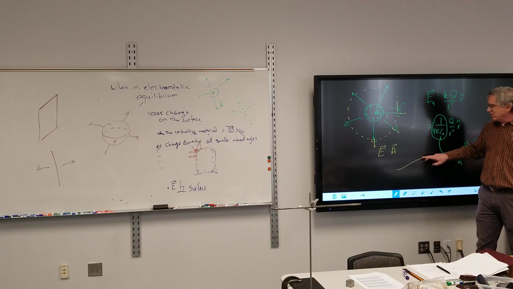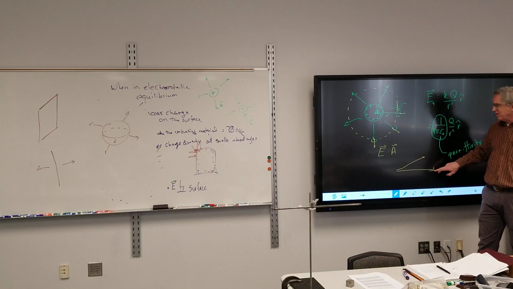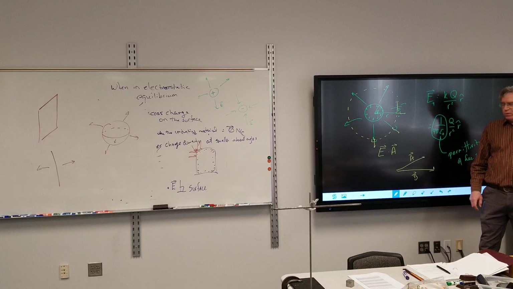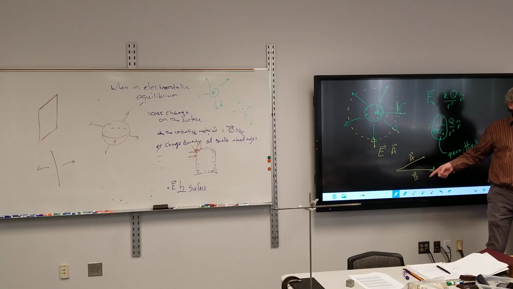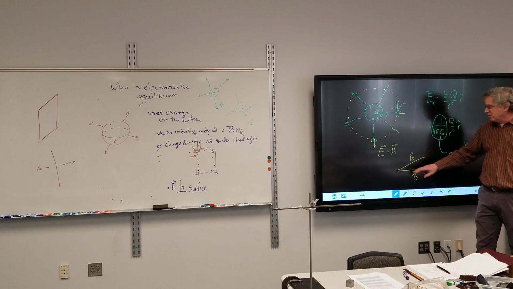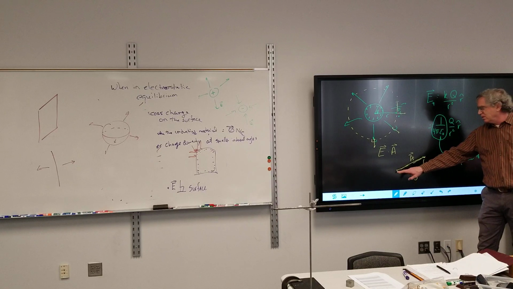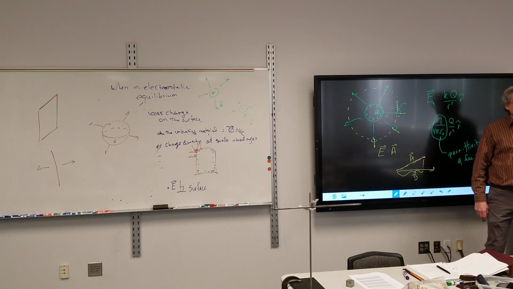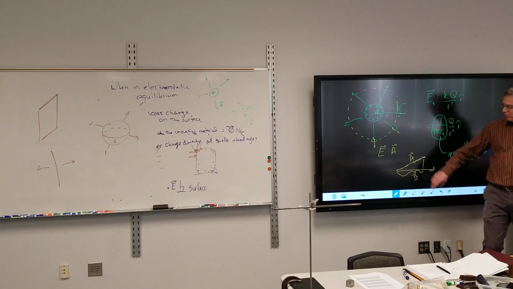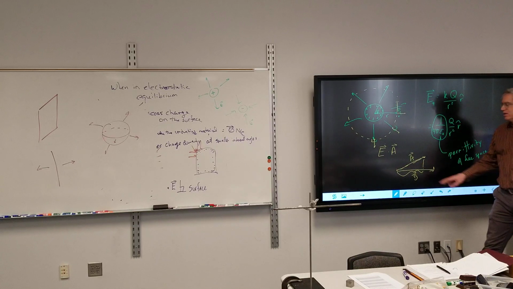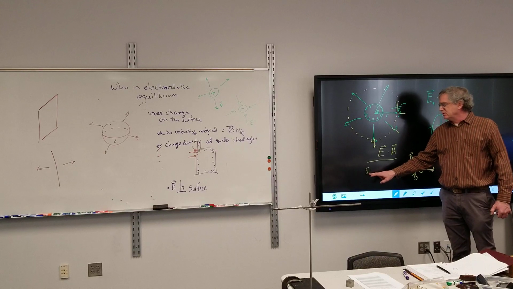So if I have a vector like this times a vector like that, this is A and B. I would figure out how much of A is in the direction of B, or how much of B is in the direction of A. I would break A up into its components. This would be the part of A that is parallel to B, and I'd multiply that length times that length. Dot product is also known as a scalar product.